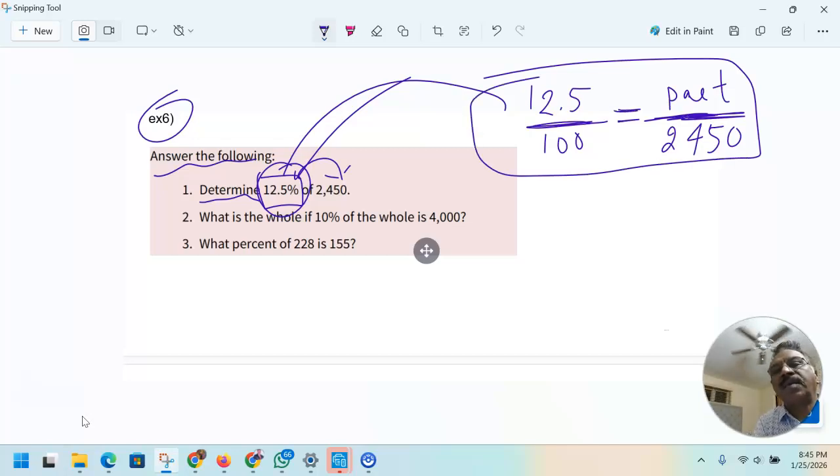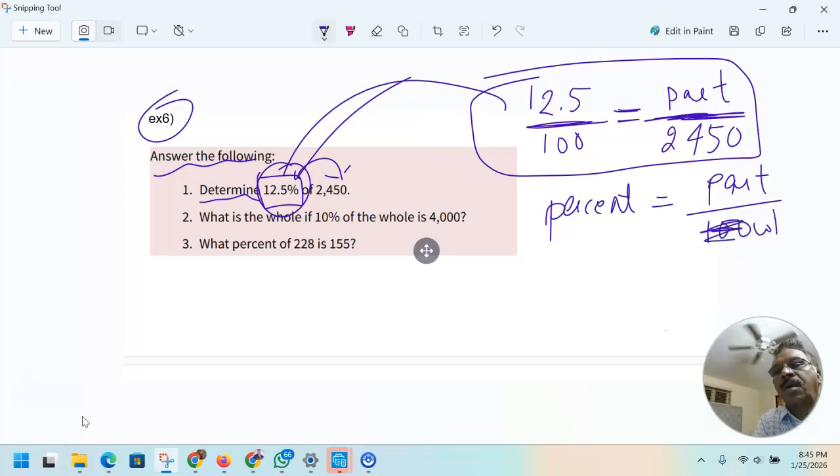But what we do is we say, okay, let's do it directly. This means we say percent is part multiplied by 100, right? Sorry, this is the whole. Or directly we say part is, we have seen that earlier, percent.